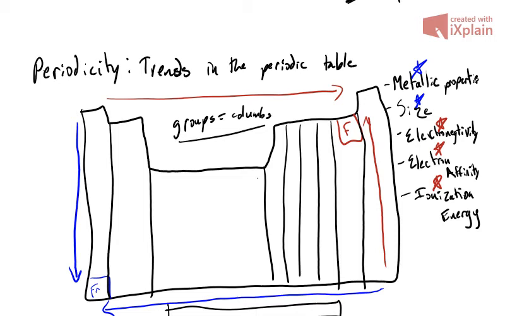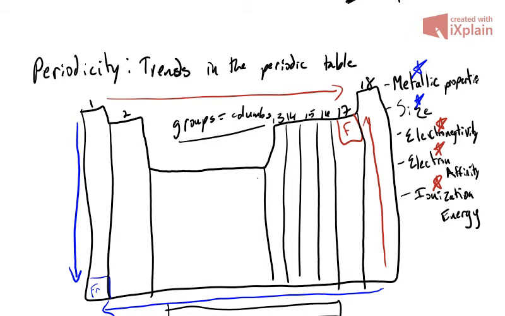It's very easy to tell for the s and the p orbital areas. For the transition metals and the lanthanides, it's a little bit more difficult to tell how many valence electrons they have. However, for the periodic trend here, group 1, group 2, 13, 14, 15, 16, 17, and 18, the final number in each one of these tells you how many valence electrons are in these elements.